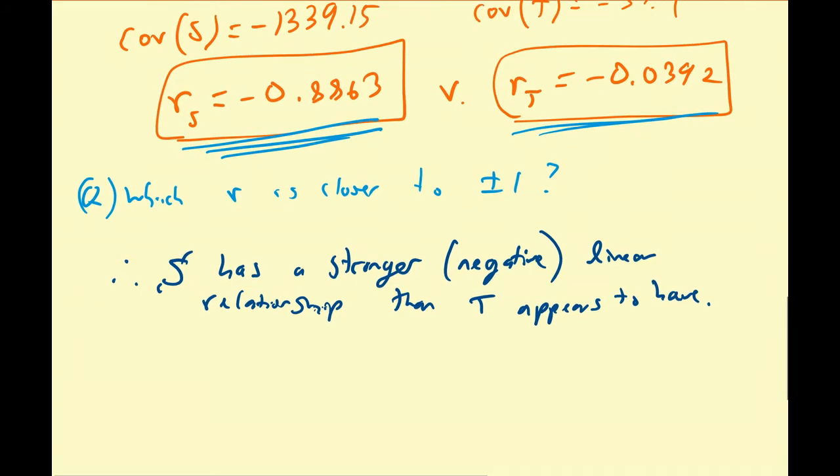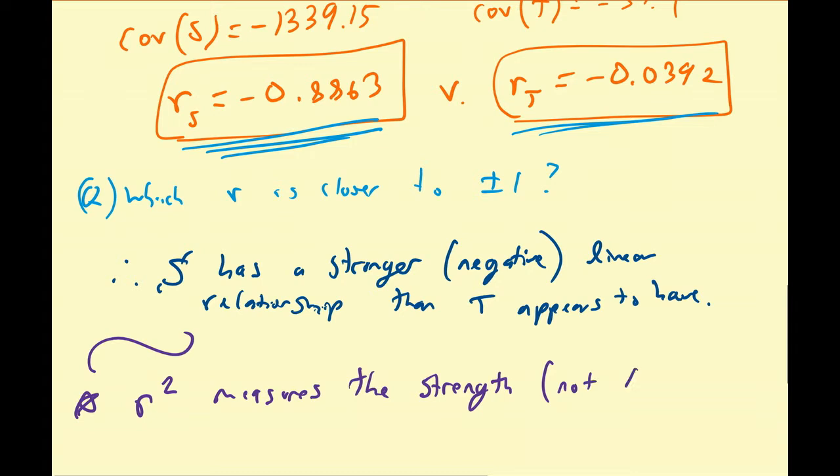And some people even consider another numerical value, which is called the R squared value. The R squared value measures the strength, not direction, of the linear relationship.